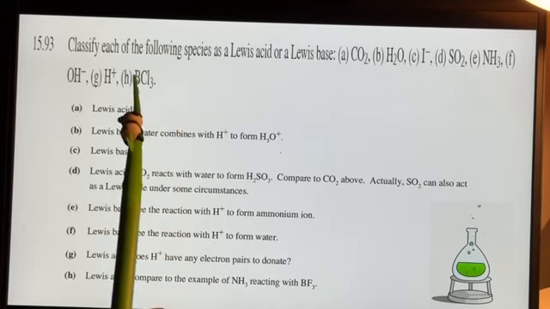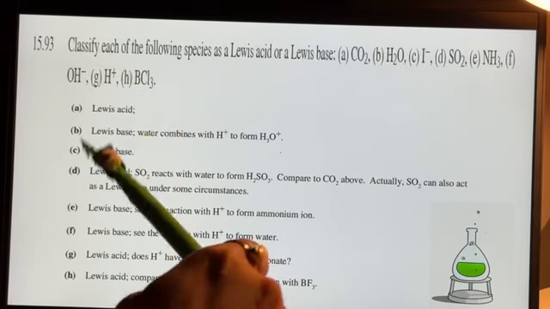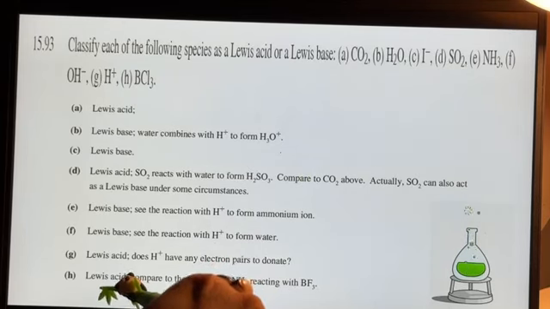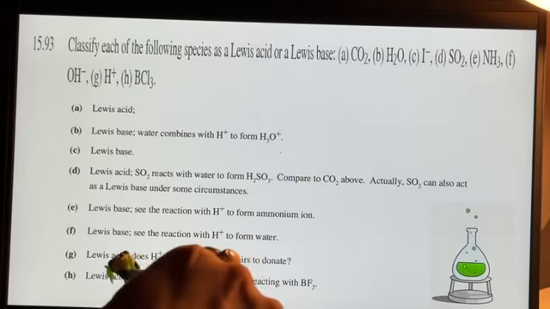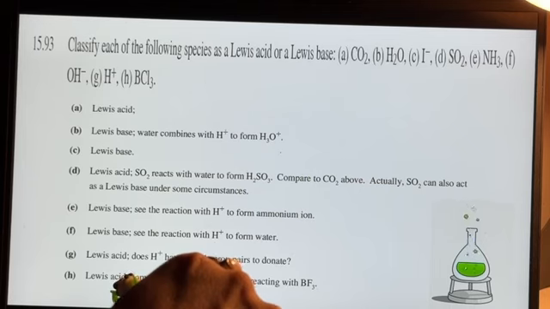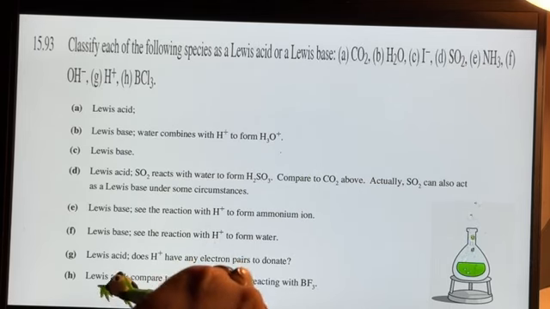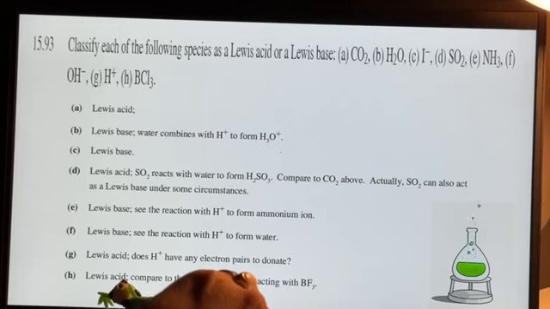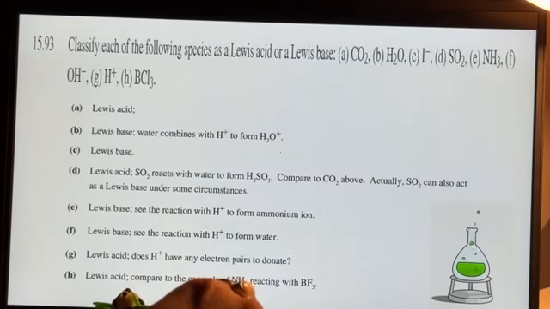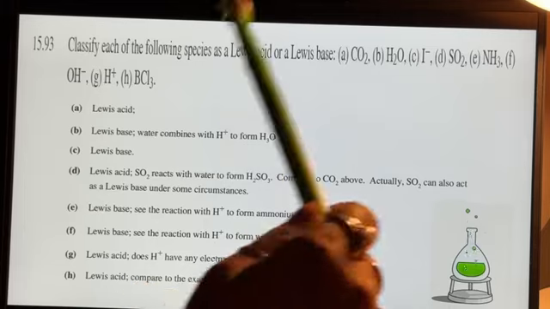BCl3. Boron trichloride. The boron is having an incomplete octet, so it is deficient in electrons and thus it can easily accept a pair of electrons, so it is acting as a Lewis acid.